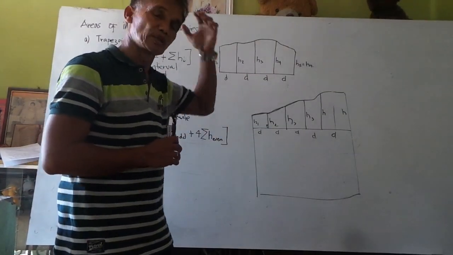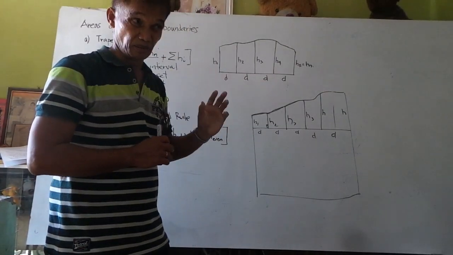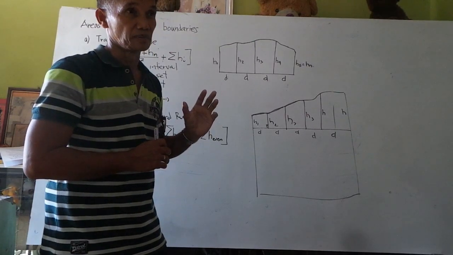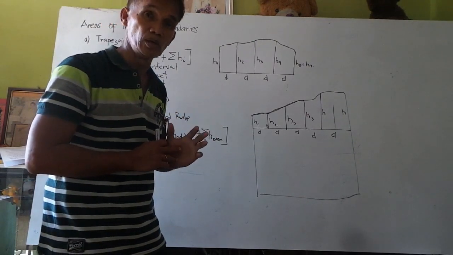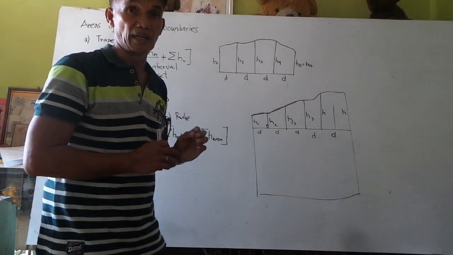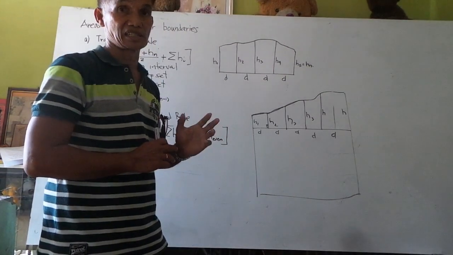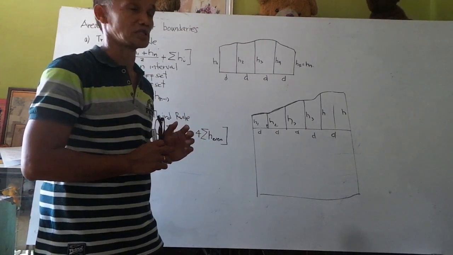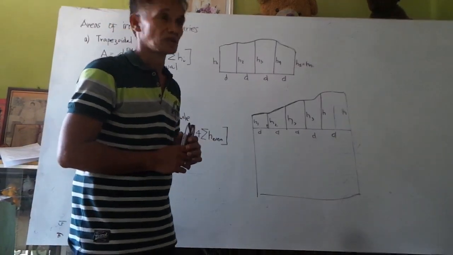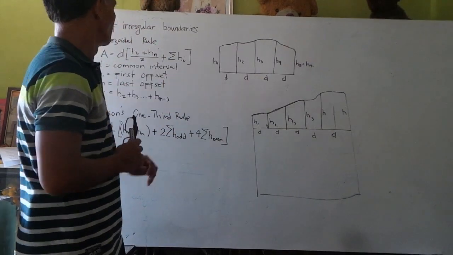Take note that the Simpson one-third rule is only applicable to an even number of intervals, or odd number of offsets. So here are our formulas.